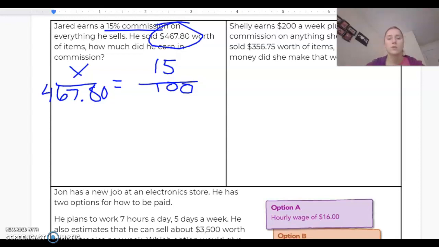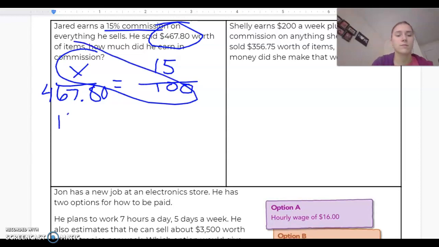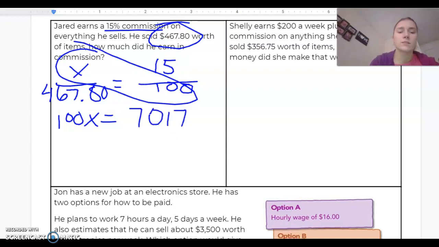Okay, so let's see here. We're going to cross multiply and divide. So we've got our x and 100. We multiply those, we just have 100x. And then you can use your calculator to multiply 467.80 times 15. When you multiply those, you should get 7,017. Okay.